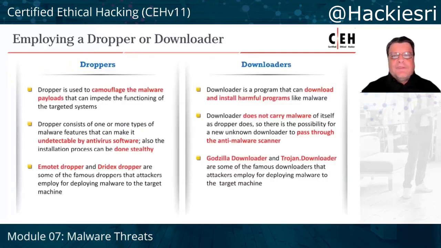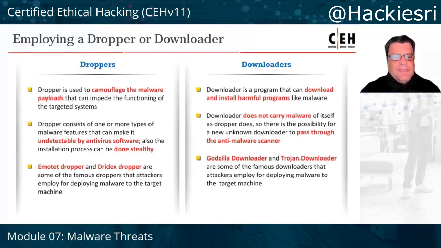Employing a dropper or downloader. Droppers do one thing, downloaders something quite different. In the case of a dropper, it is used to camouflage the malware payloads that can impede the functioning of the targeted systems. Droppers consist of one or more types of malware features that can make it undetectable by antivirus software. Also, the installation process can be done stealthily.